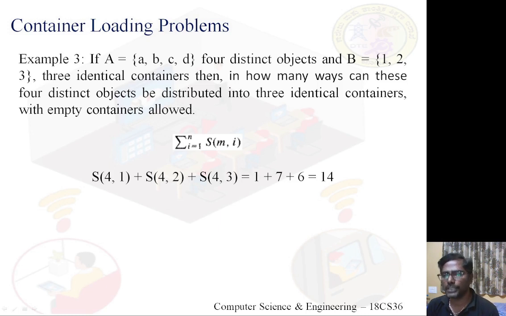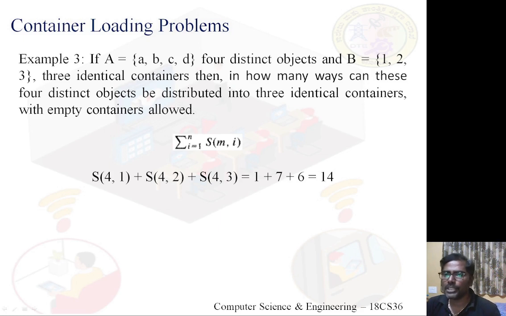Set B consists of 3 elements 1, 2, 3, which represents 3 identical containers.